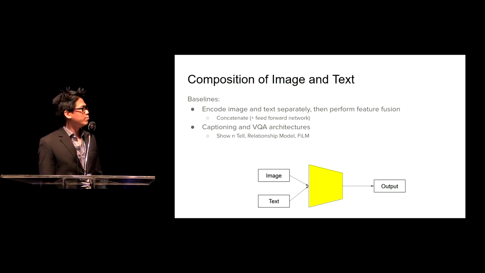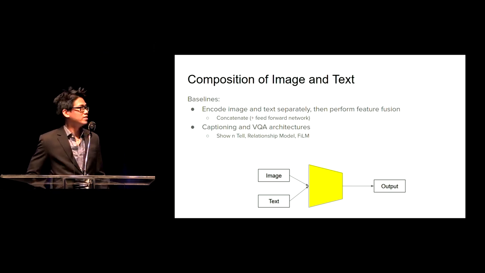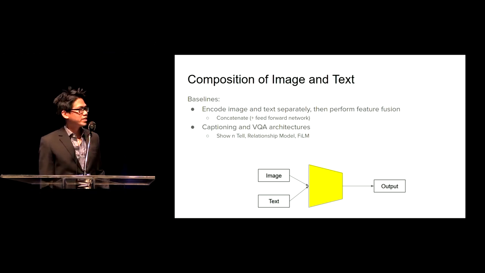We studied very simple ones like, for example, feature fusion. We can encode the image and the text separately and then concatenate them or something like that, which has been done in a lot of previous papers. Another baseline is to leverage existing architectures in, for example, captioning or VQA areas, because the architecture can also take an image and a text and output something.